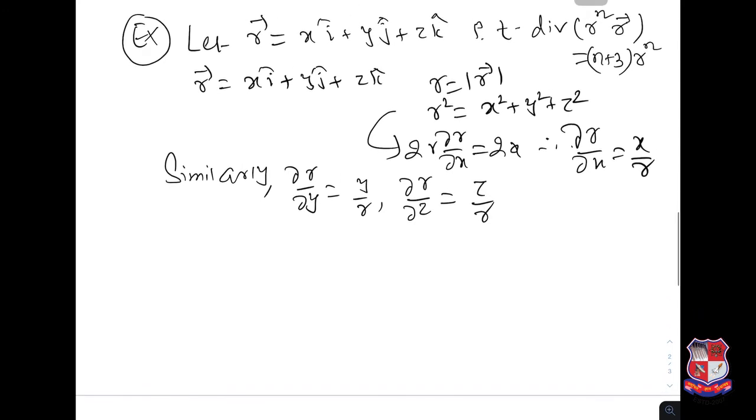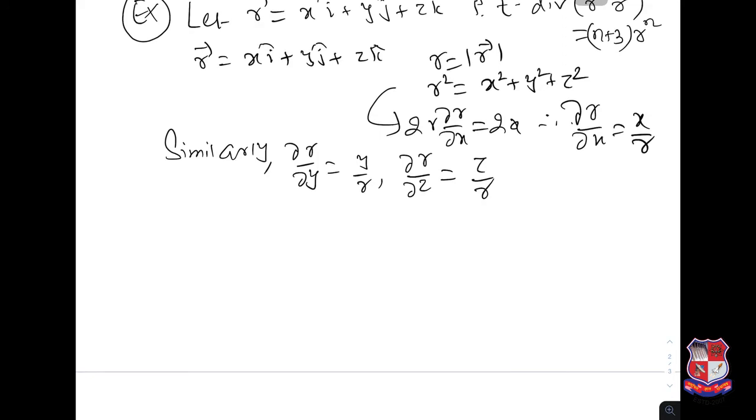Now what we want is r power n vector r and its divergence. So let us first take r power n vector r. So what is r power n vector r? That is r power n, this is xi plus yj plus zk.